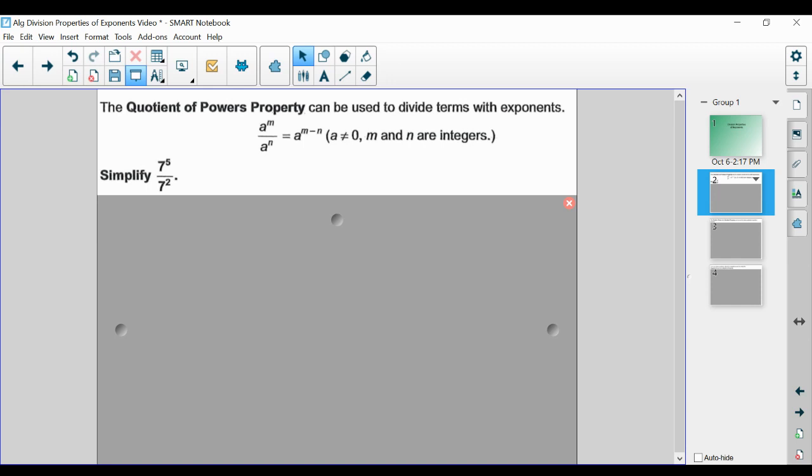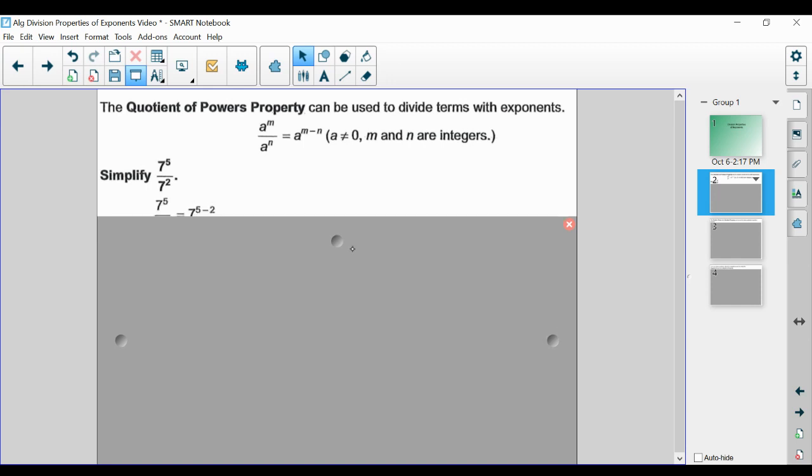Let's say we want to simplify 7 to the 5th divided by 7 squared. We could do expanded form, 7 times 7 times 7 times 7 times 7 in the numerator, divided by 7 times 7 in the denominator. That is going to be a whole lot of work, and we want to make things simple, right? We want to work smart here. So we can use the quotient of powers property here.